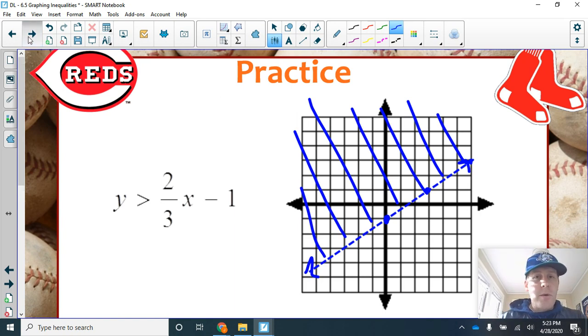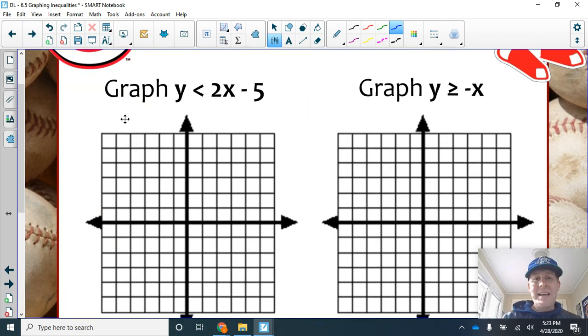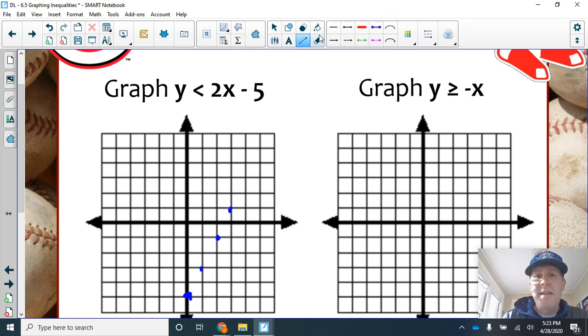Okay, let's do another one. So let's look at the inequality. y is less than 2x minus 5. Again, in slope-intercept form, so its y-intercept is the point 0, -5. So we'll go down to the y-axis. 1, 2, 3, 4, 5. Put a point there. Slope is 2, so up 2 over 1, up 2 over 1, up 2 over 1. Now I decide what type of line to use. Since y is less than and not equal to, we're going to use a dashed line.